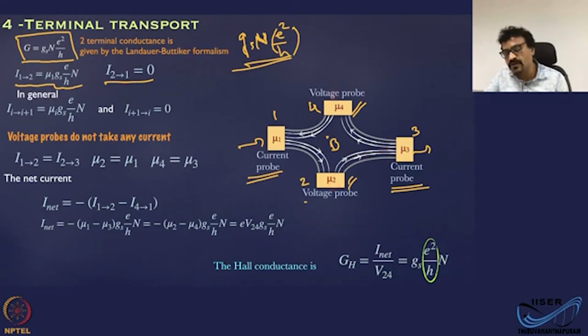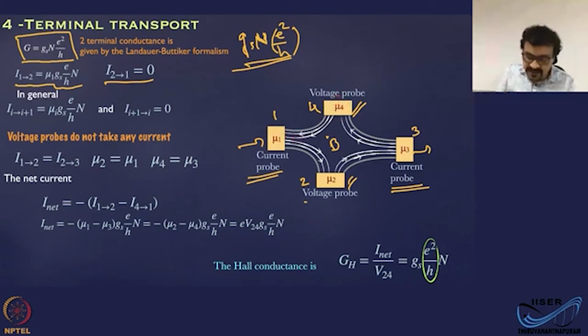But 3 to 4 you get again mu3 Gs e by h into N. Similarly, 4 to 1 you get the same current because this voltage probe does not take any electrons. It cannot inject or remove electrons. So all the current starting from 3 will reach here through this path.